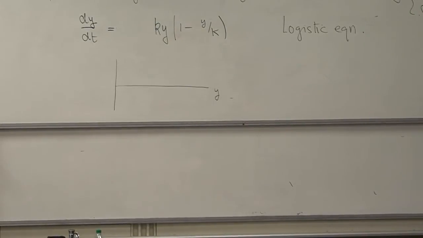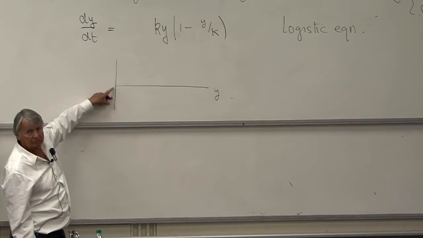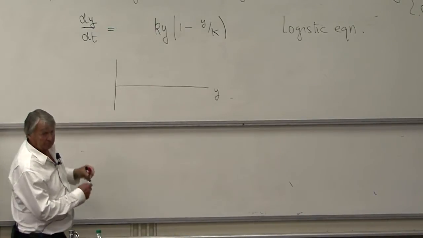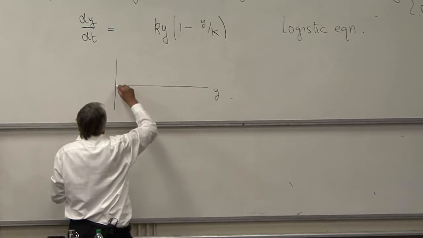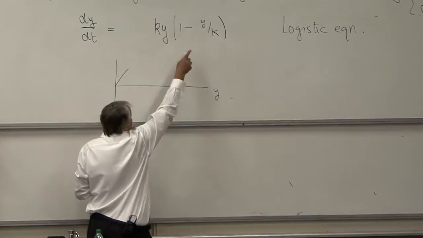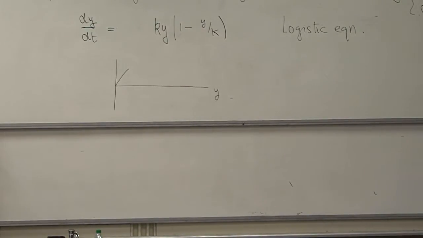Near 0, which way is the graph going to go? Up, right, because for y very small, it looks like ky. And then what happens as y gets to be, say, 2K? It goes negative.